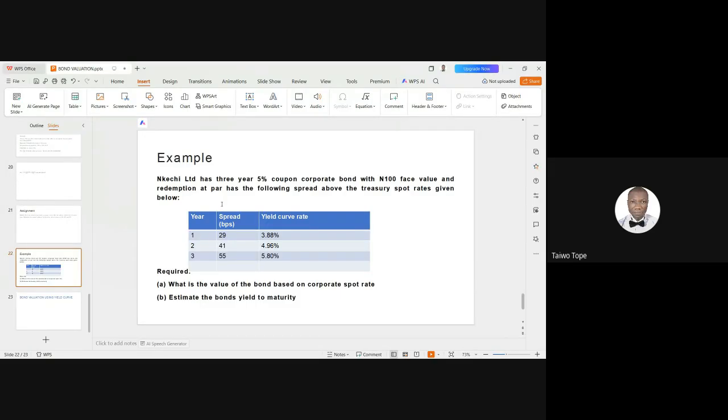So now, when you have 29 as basis point, what will be the interpretation? 0.29. Fine. 0.29%.